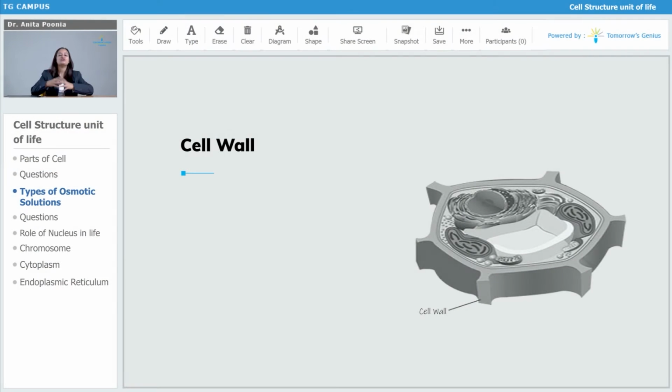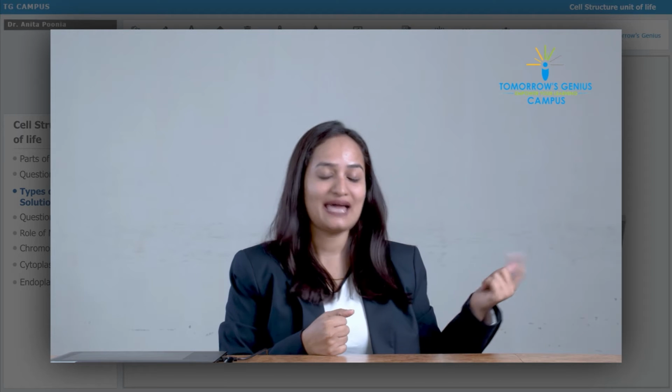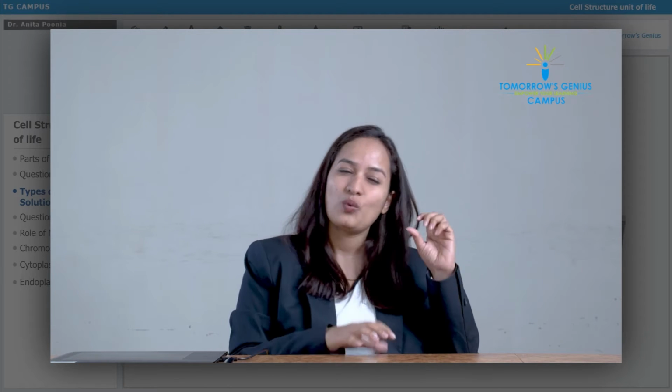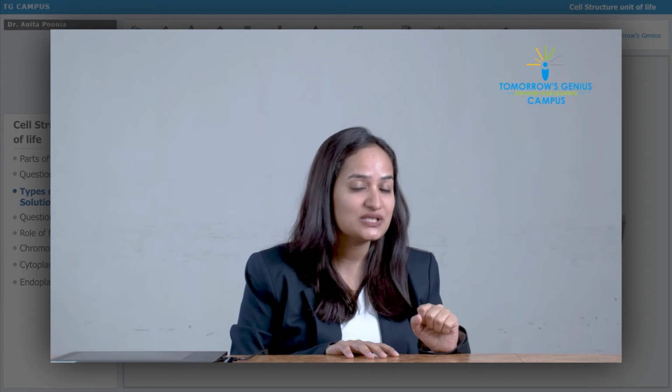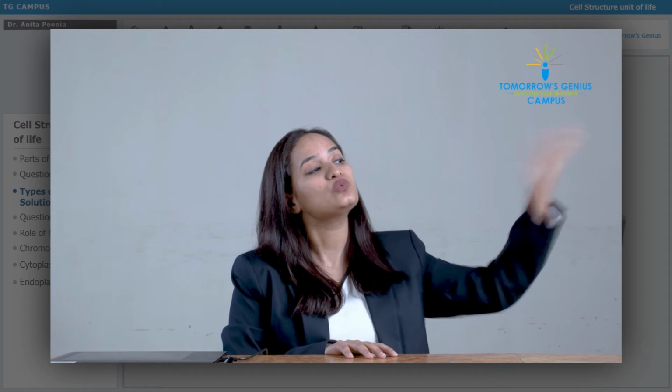Now in front of you, you see a picture, right? This picture is of the plant cell, okay? In the plant cell, the most exterior thing on the periphery, imparting shape to the cell, is the cell wall. Even when we were talking about the hypertonic solution, I told you that when the blood cell was in the hypertonic solution, it became flaccid and all the cell content oozed out.